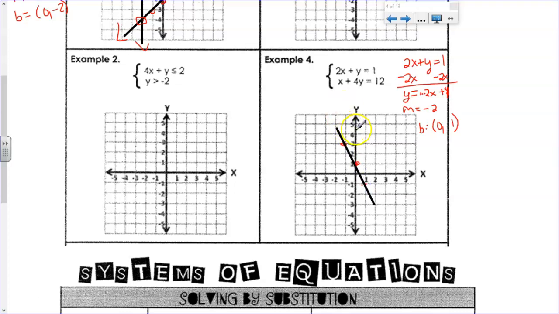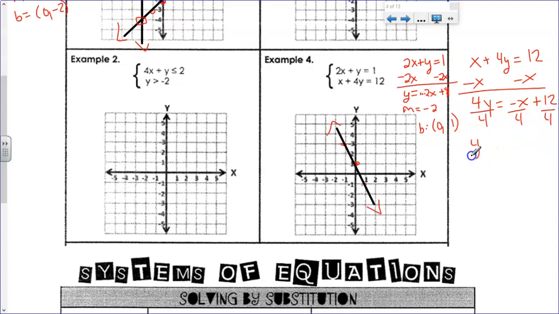You may want to use a ruler or the side of your calculator or phone to make these lines straighter. Then we have x plus 4y equals 12. We're going to subtract x, so 4y equals negative x plus 12. Divide by 4. So y equals negative 1/4 x, and 12 divided by 4 is 3.